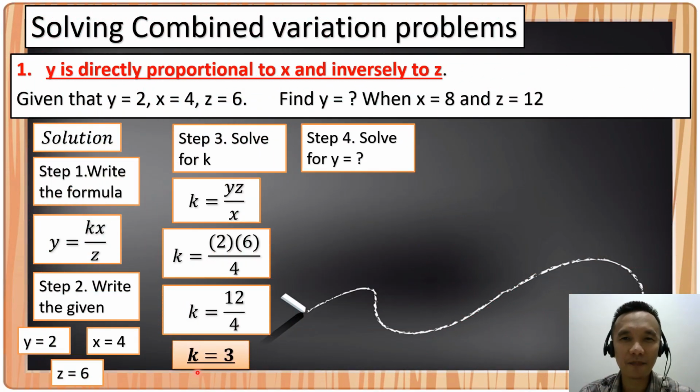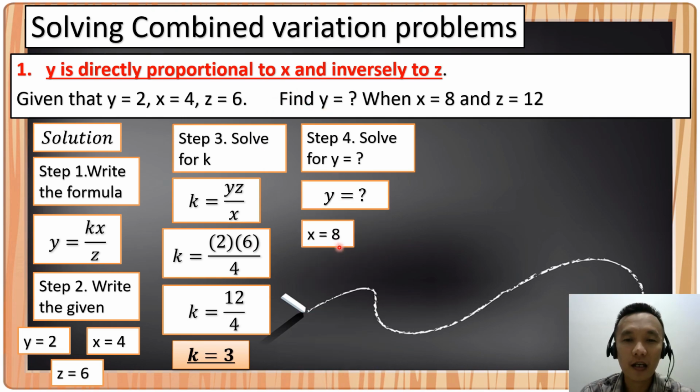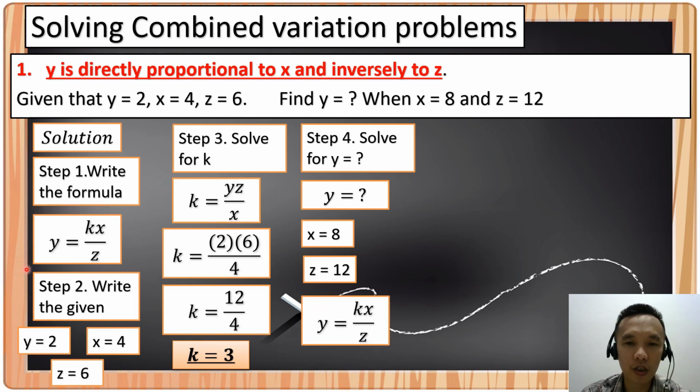So the next step is we are going to solve our y. So we have our x equals to 8 and z equals to 12. We are going to use our original equation, y equal to k times x divided by z.